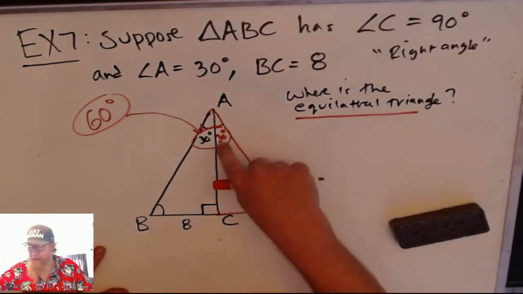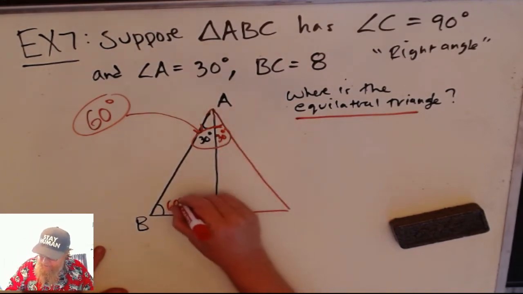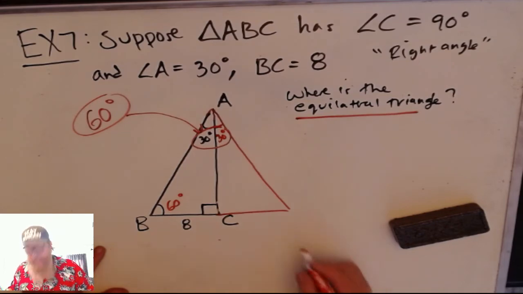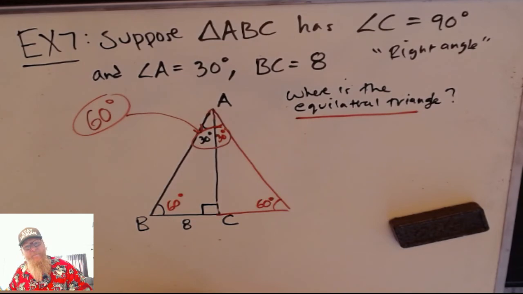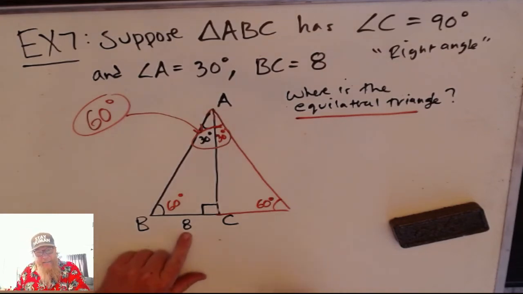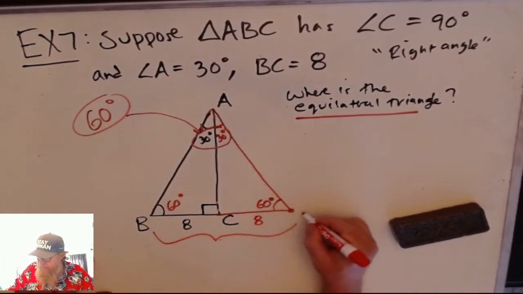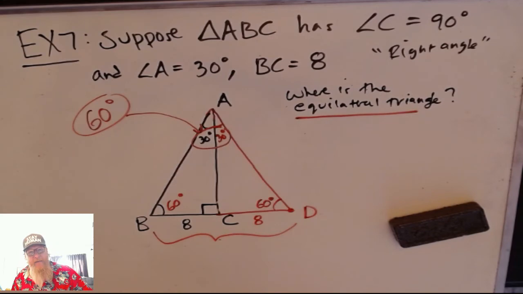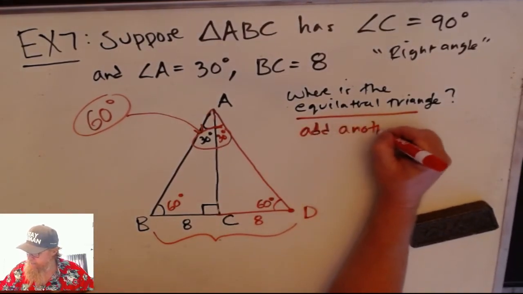Because if this angle is 60, then this angle is also 60, and this angle down here is also 60. So if this is 8, well then this is 8 as well. And so the total here, I guess I can call this D. Yeah, I'm adding in a vertex.